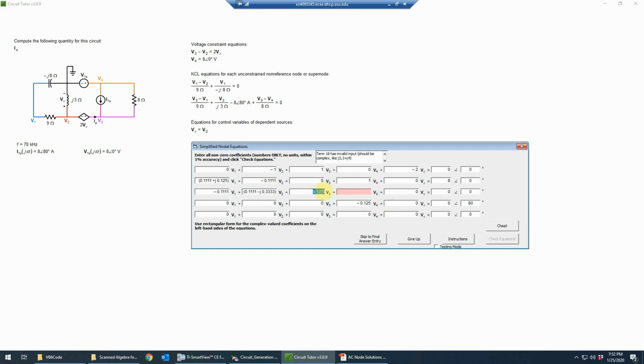This should have gone down here, and this should have gone down here. So just a slight mix-up.